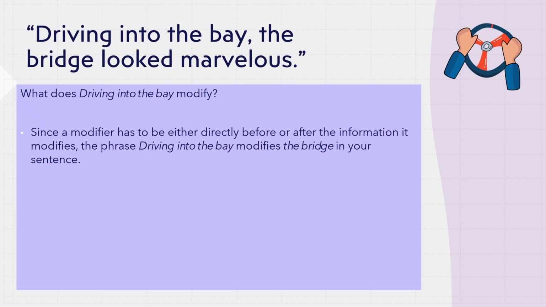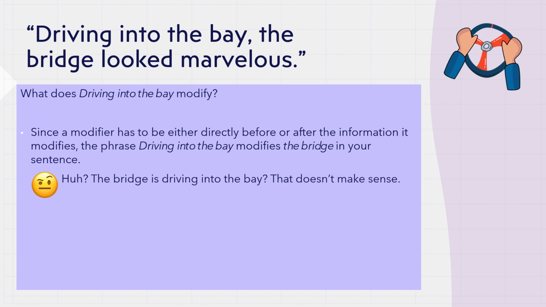We know that a modifier has to be either directly before or after the information it modifies. It needs to be right next to it. So the phrase driving into the bay actually modifies the bridge in the sentence. Huh?